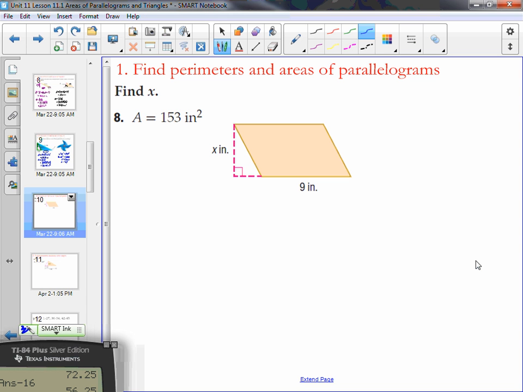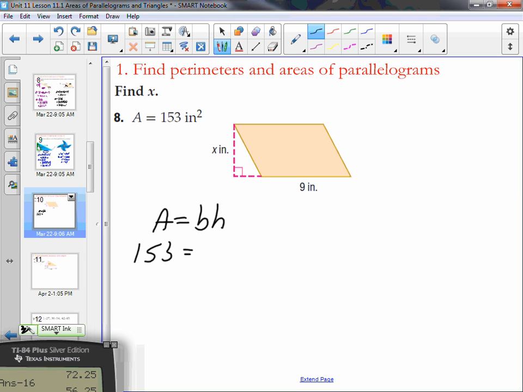And that's what they do here on number 8. We have a parallelogram, and I know that the area formula for a parallelogram is area equals base times height. Let's fill in everything we know and solve for what we don't know. So the area is 153 square inches, so replace the capital A with 153.